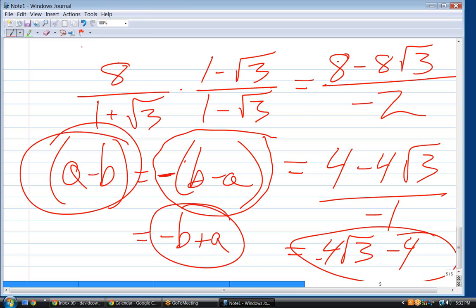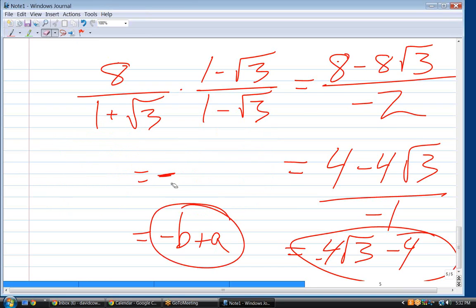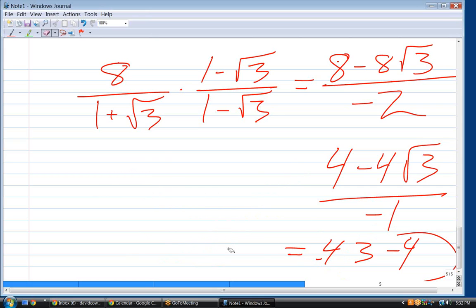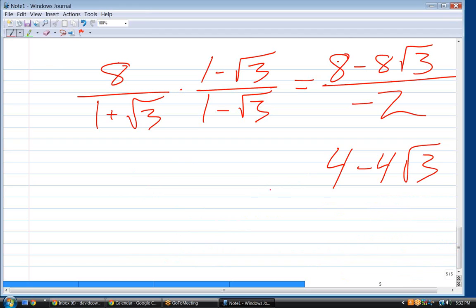So in this problem, we had a negative 1 in the bottom. Well, I can first of all take that negative 1 and put it out in front, as long as I put parentheses around it. So there's my answer, but I can now simplify it by distributing that negative sign.